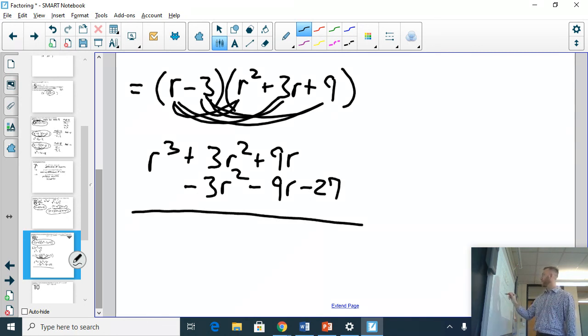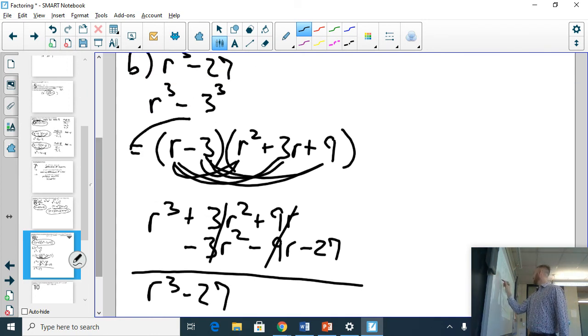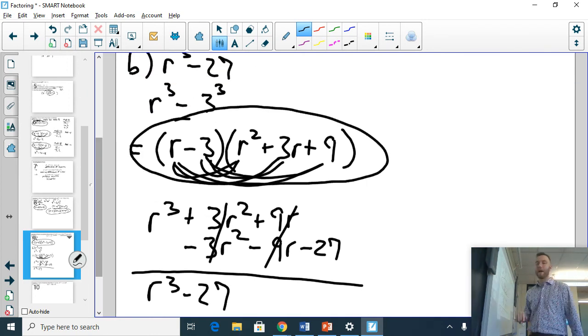And if we put that together, we get r cubed. Those cancel, minus 27, which is what we started with. So, turns out that works.